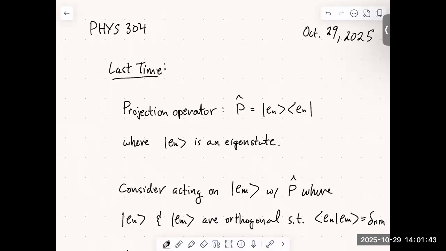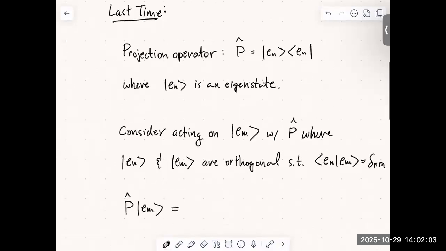And when we put in our Cartesian unit vectors, for example, we showed that if we summed over this projection operator, we actually produce the identity matrix. And so I'd like to do another, more quantum version of that kind of calculation. So this is our projection operator p hat.